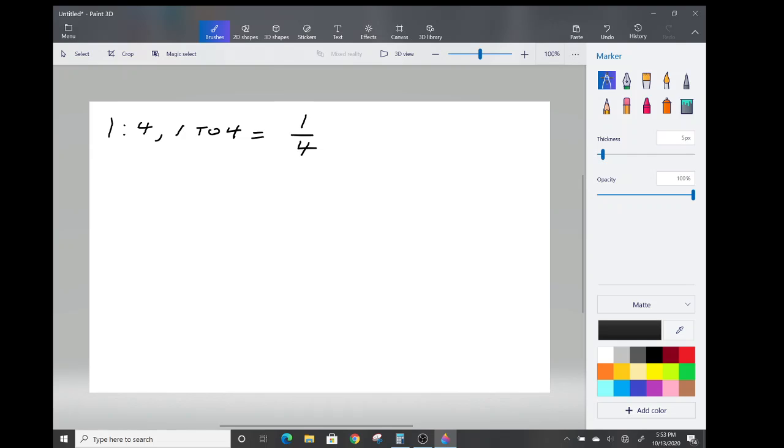The number on top is called the numerator. The number on the bottom is the denominator. Now, we get the word denomination from the root of denominator.